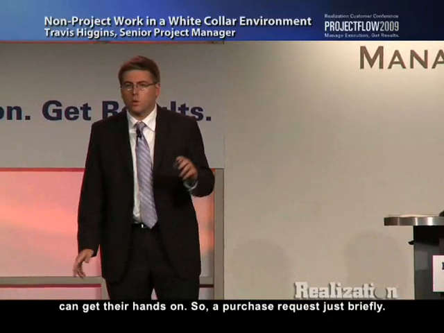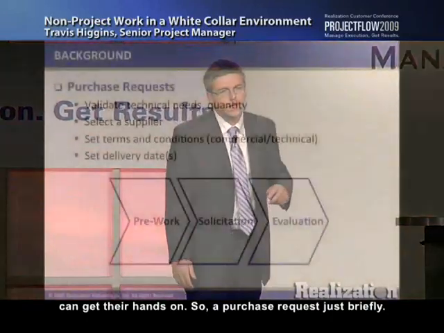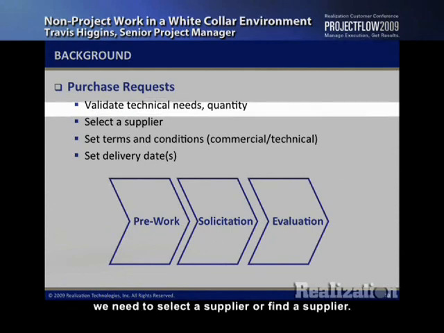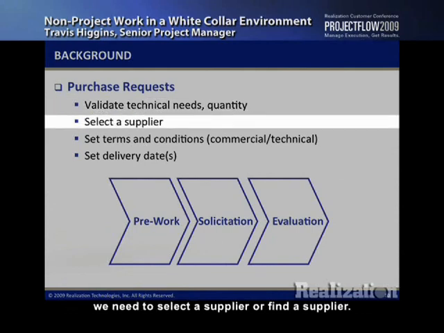So a purchase request, just briefly, we need to validate the technical needs or the quantities. We need to select a supplier or find a supplier, especially when we're talking about ordering some specific part that may be small volume. We have to go convince someone to make 10 of something.